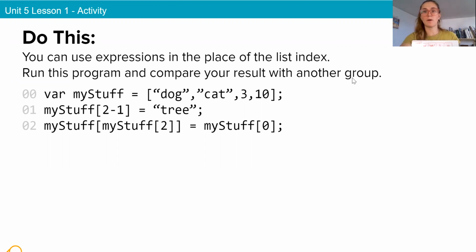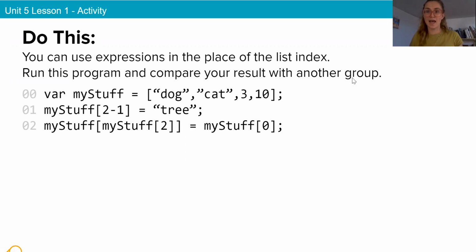So this is what I was talking about, using an expression in place of a list index. So for myStuff[2 - 1], think about what 2 minus 1 is: 1. So now this is saying myStuff[1] equals tree. So I go to my list, I go to index 1, and I'm going to replace the original value of cat with tree. So now I have dog, tree, 3, 10.